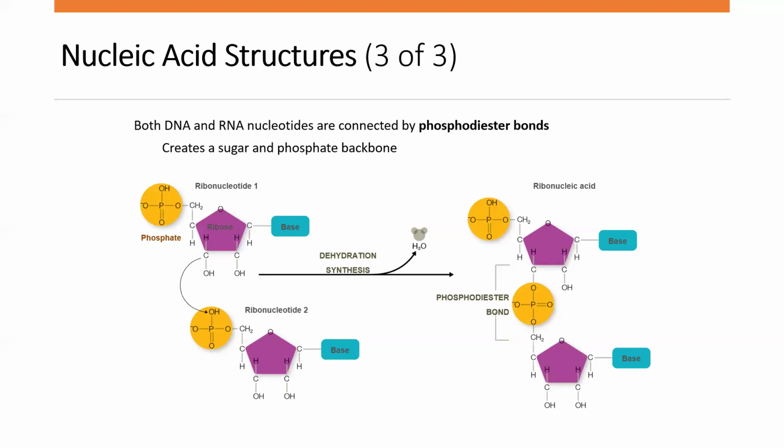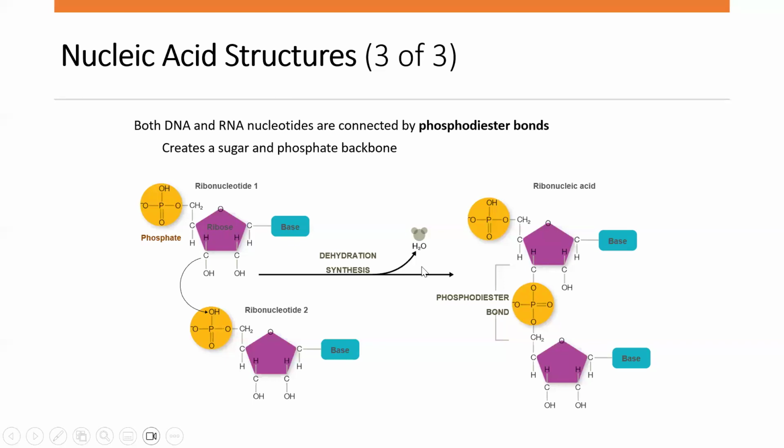So phosphodiester, if you were to break that word down, it sounds like it has a phospho or a phosphate, and it has diester or 2 ester. So a phosphodiester bond is a phosphate connected to your 2 pentose sugars via ester bonds, right? So we have an ester bond from this C to O to P, and we've got an ester bond from this C to O to P. And then, of course, the P is our phosphate right here.